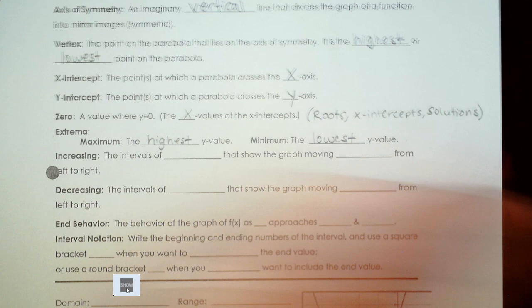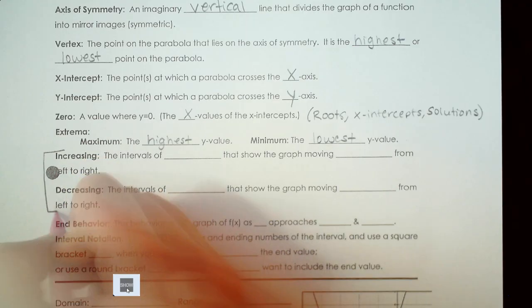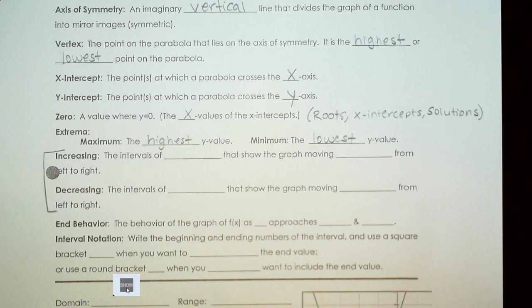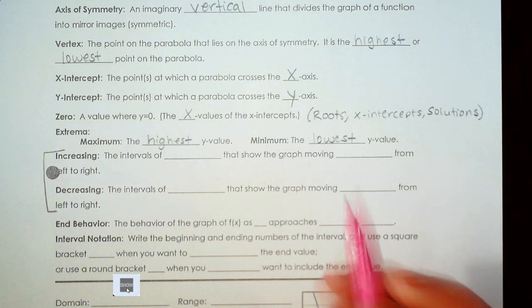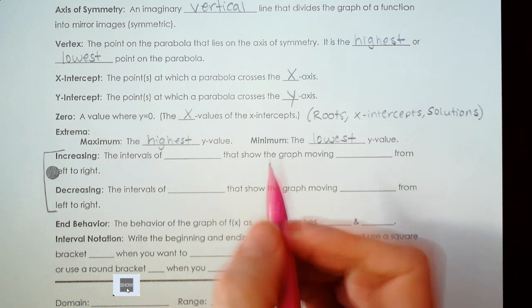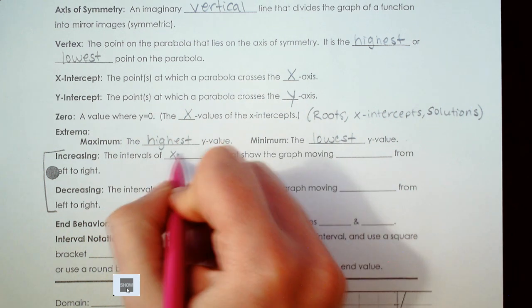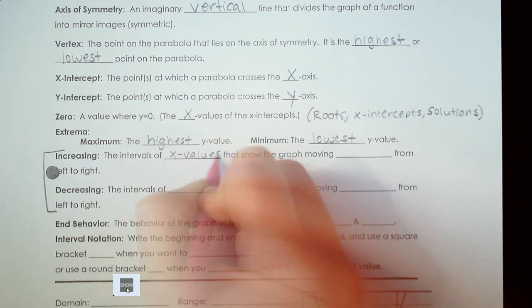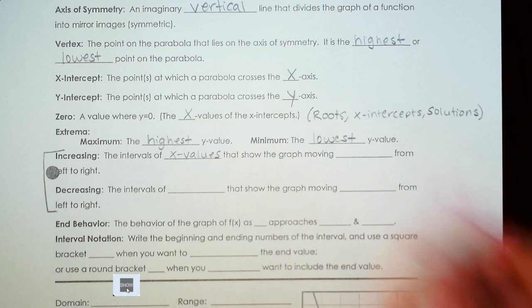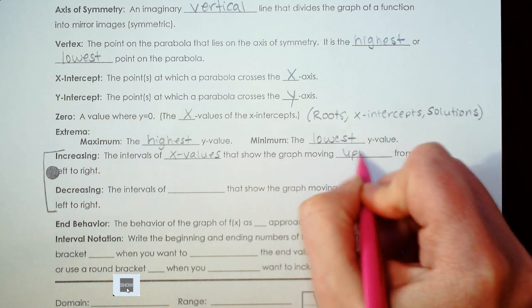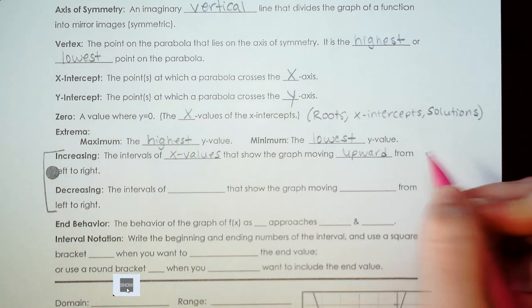Intervals of increase and decrease, we talked about a little bit during linear function. These get a little bit tricky on quadratics, so we'll look at some examples of this. But your interval of increase is the interval of x values that shows the graph moving upward from left to right.